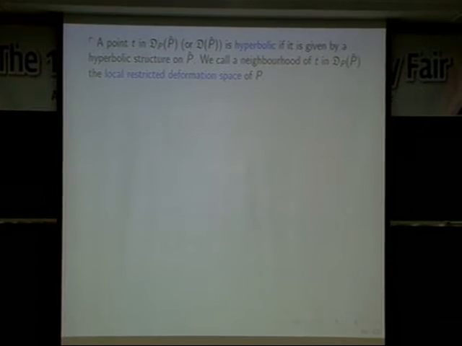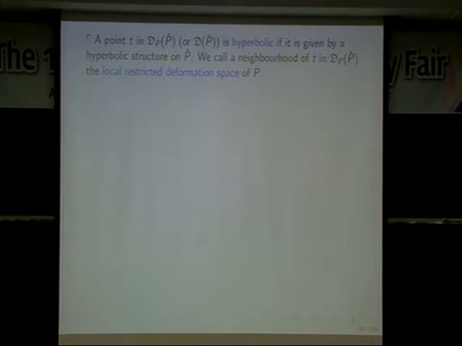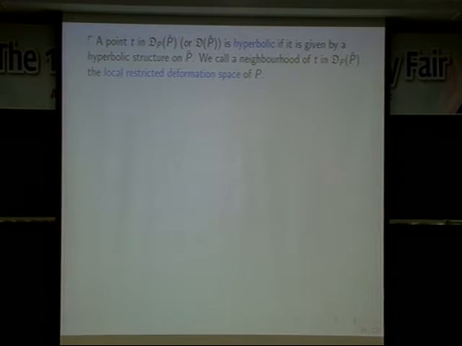If the point is given by a hyperbolic structure, then we call the point hyperbolic, and we call a neighborhood of the hyperbolic structure the local restricted deformation space.